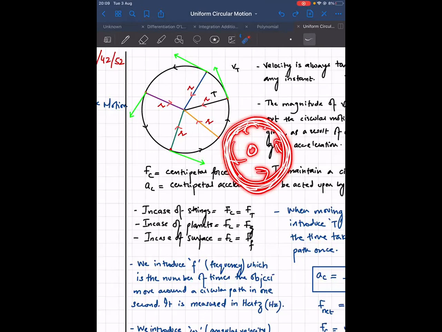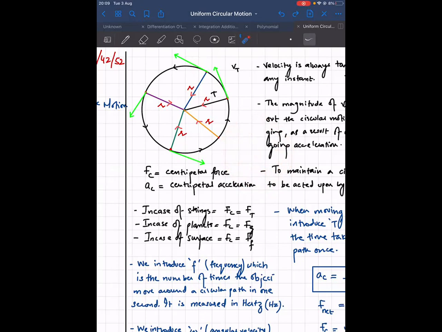But in what form? The centripetal force is in the form of the gravitational force. The gravitational force of attraction between the sun and the planets is acting as the resultant force, the centripetal force, keeping all those planets in a circular motion.